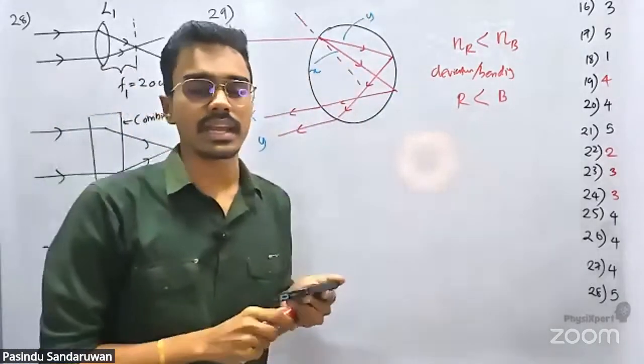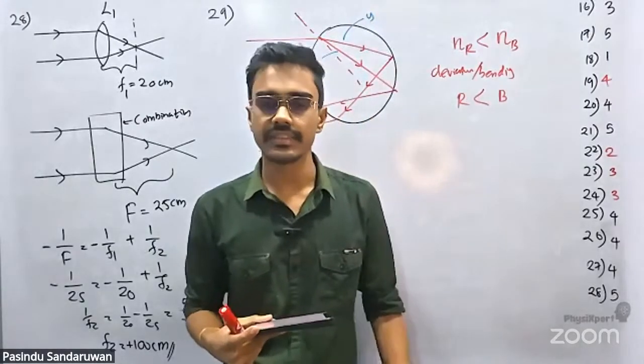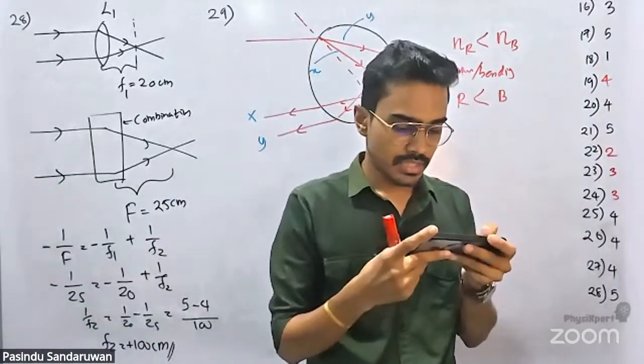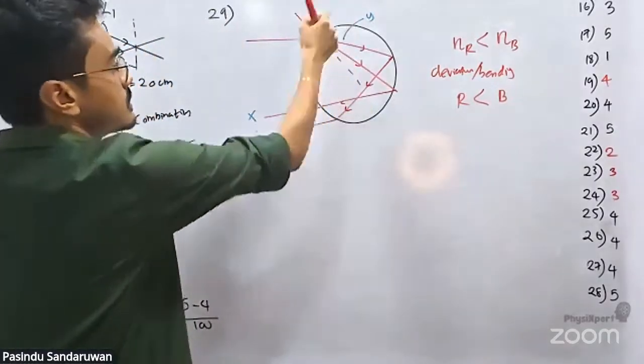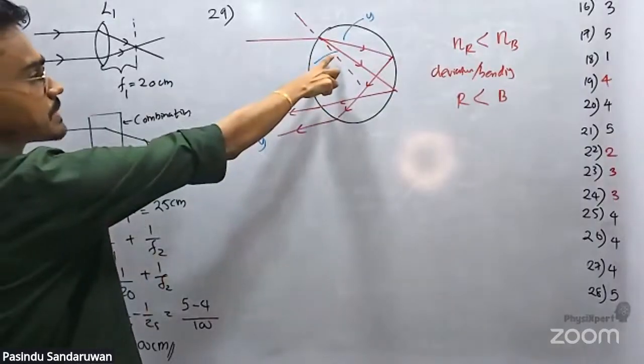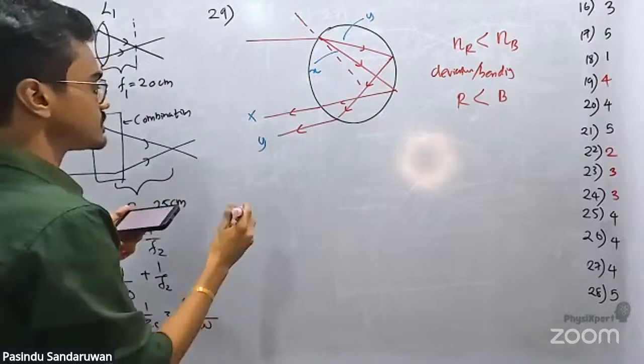In color dispersion, red is the color with the least bending. Here X is not the least bent, so X cannot be red. A is wrong.